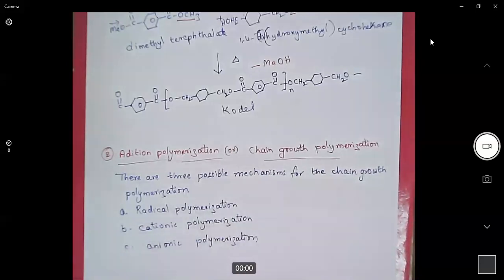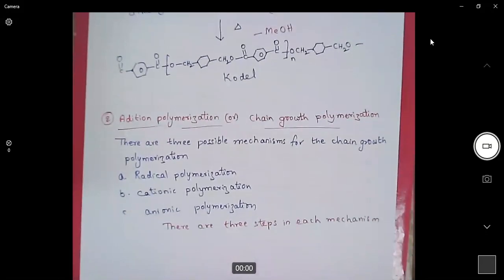These are the three different types of chain growth polymerizations. There are three steps in each mechanism, be it a radical polymerization reaction, a cationic polymerization reaction, or an anionic polymerization reaction.